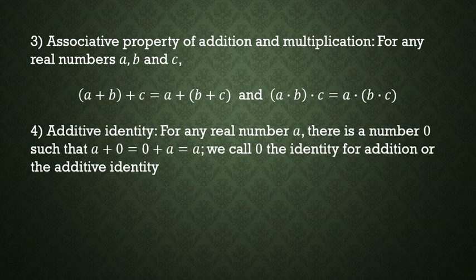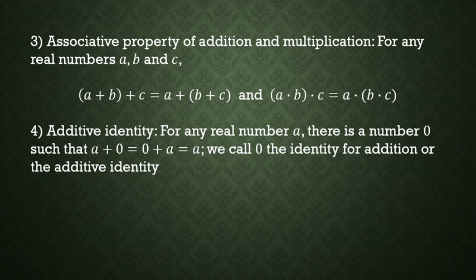The set of real numbers has the additive identity property. For any real number a, there is a number, which we obviously know as 0, such that if you add 0 onto any number a, you just get that same number a itself. So a plus 0 equals 0 plus a is equal to a.